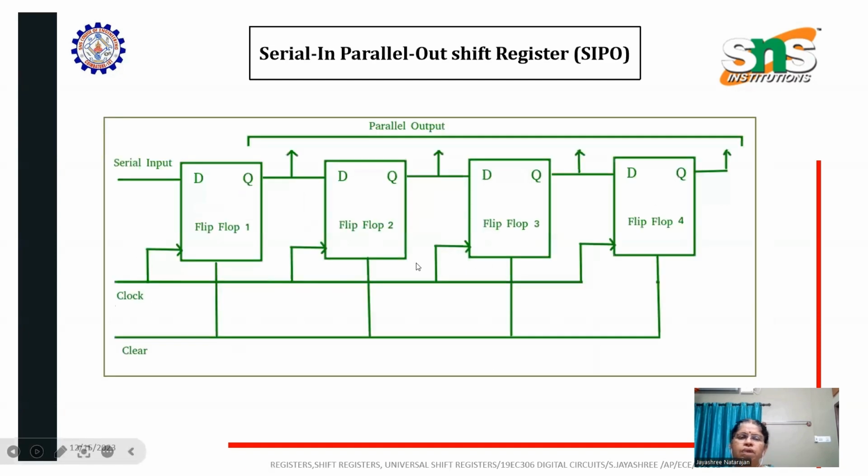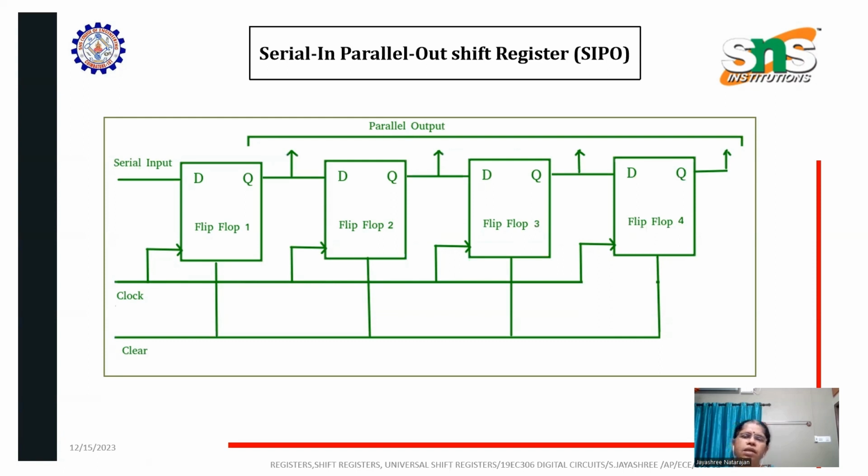Similarly, next is serial in and parallel out. Here the input is serial; it enters the first, second, third, fourth flip-flops, but we take output from every flip-flop: QA as output, QB, QC, and QD as output. So there are 4 outputs and 1 input, and it is also a synchronous circuit, so the clock pulse is given simultaneously to all the flip-flops.